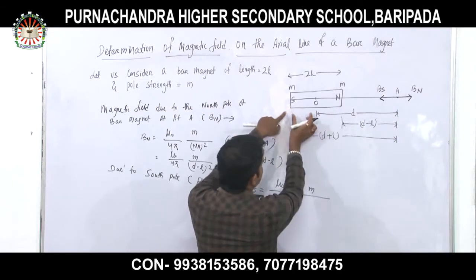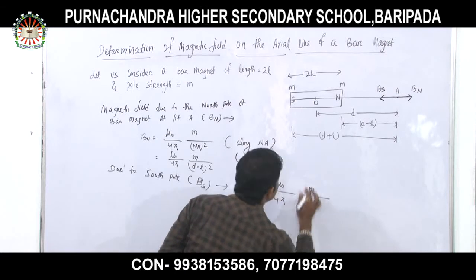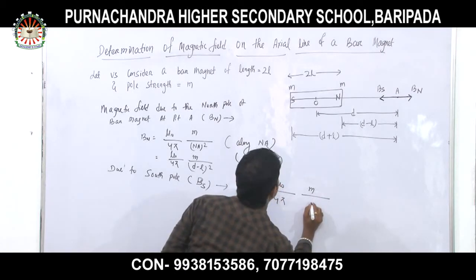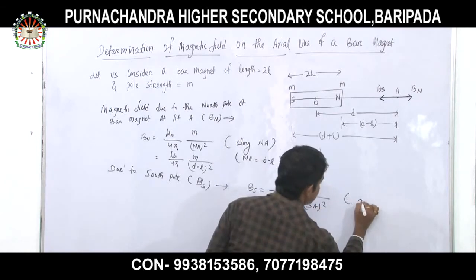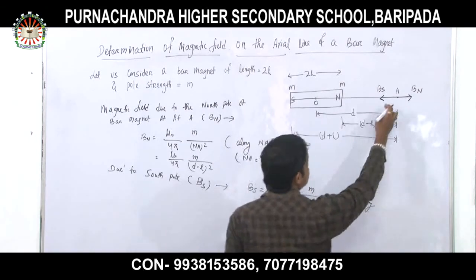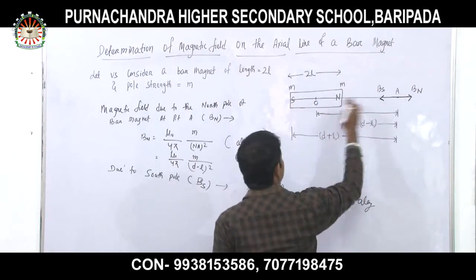The distance is D plus L, because this is L and this is D. So I have to write SA whole squared. Look very carefully: the direction is from A to S.